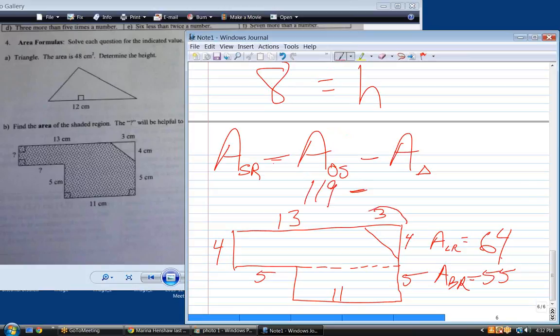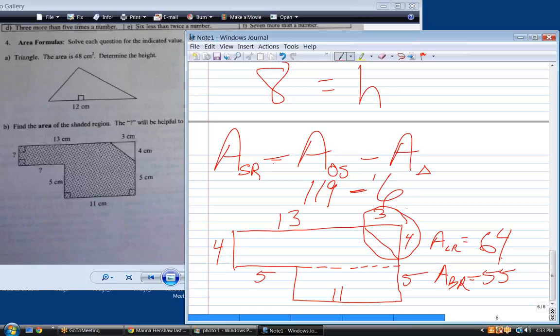Now, if we can figure out the area of that triangle, we'll subtract it and we'll have the area of the shaded region. So what's the area of that triangle? 1/2 base times height. Which is? Okay.